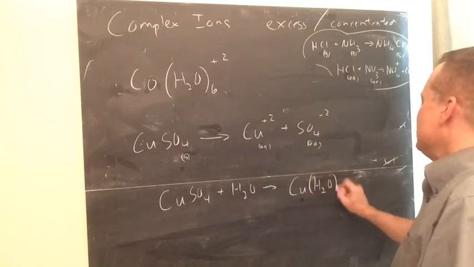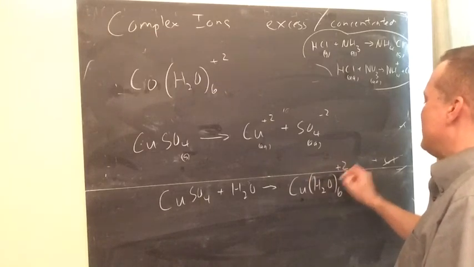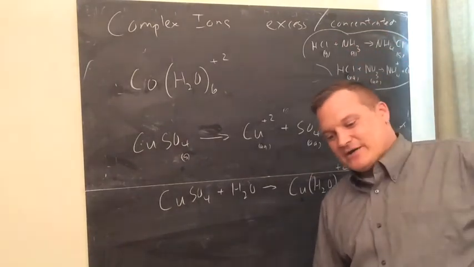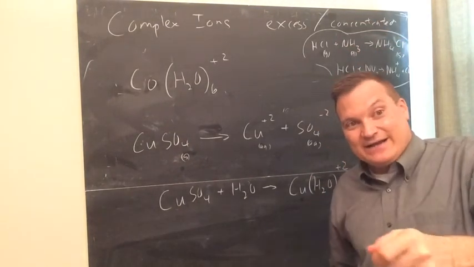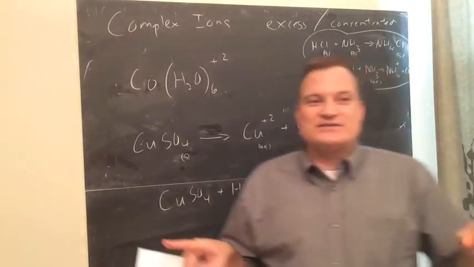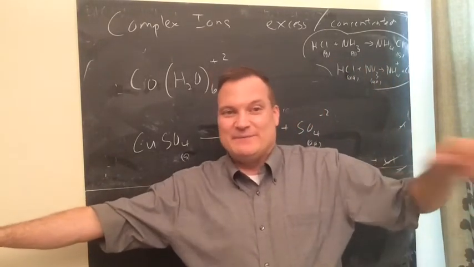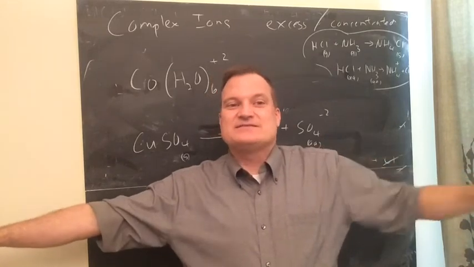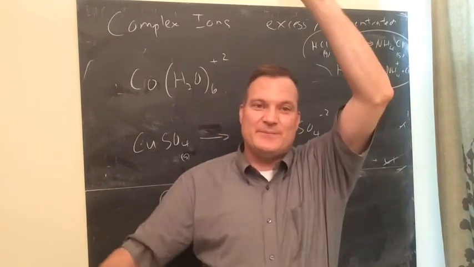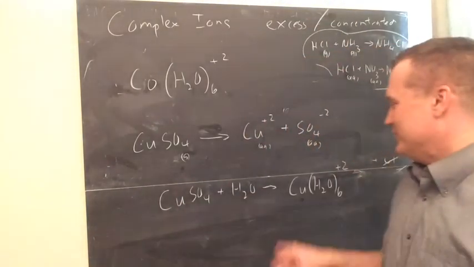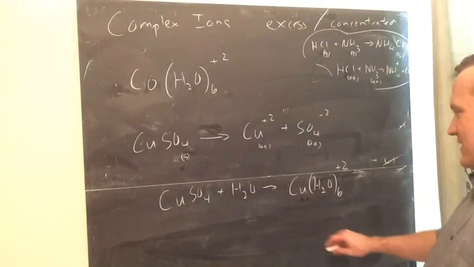The reason is that water molecules can surround any metal ion on top, bottom, left, right, front, back. Think about that, 6 areas. What shape does that look like? This side, that side, up, below you, in front of you, behind you. Octahedral.